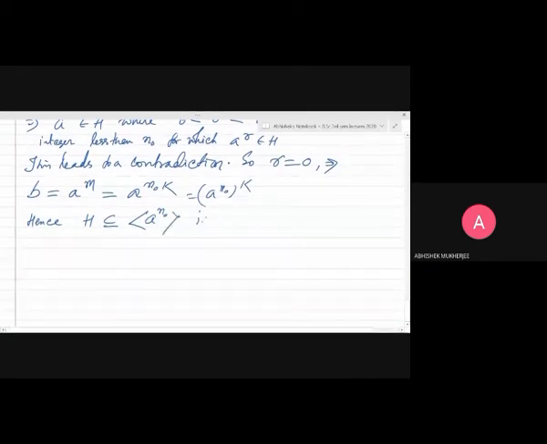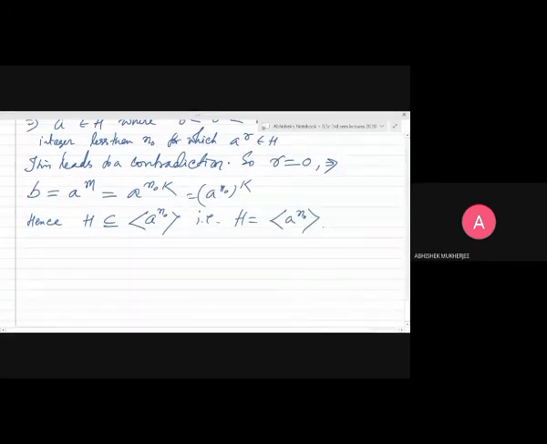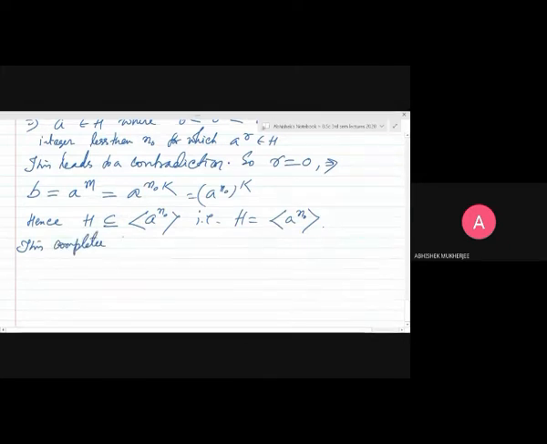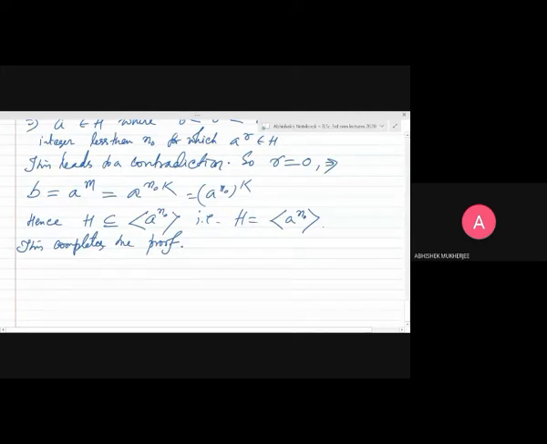That is, H equals the cyclic subgroup generated by A to the power N naught. This completes the proof.